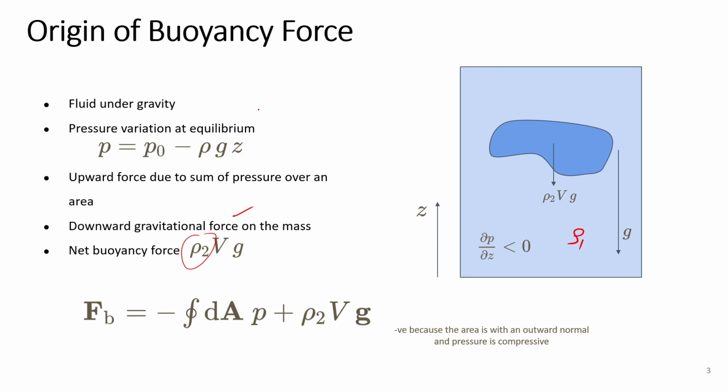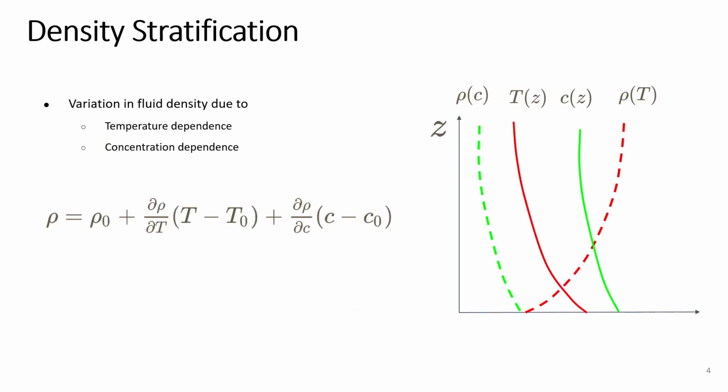So the overall force, you can just equate it by this equation, where this is the buoyancy force and this is the total pressure acting on the object. So this just shows that whenever we are having this density difference, different forces come into account.